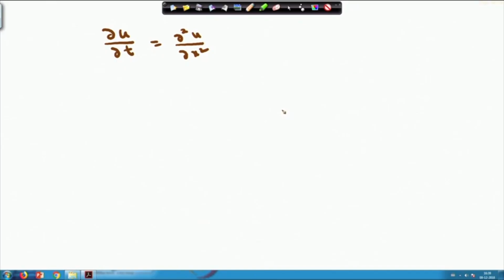I am just writing down those things. So, here apply the Laplace transform with respect to the variable t.